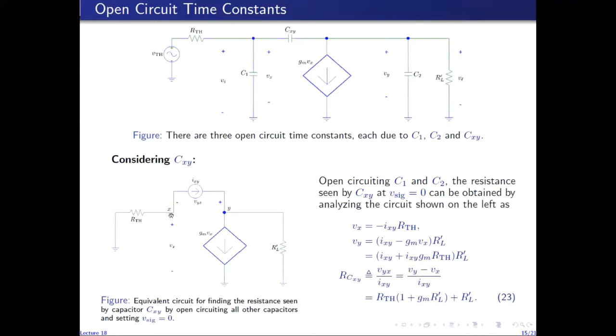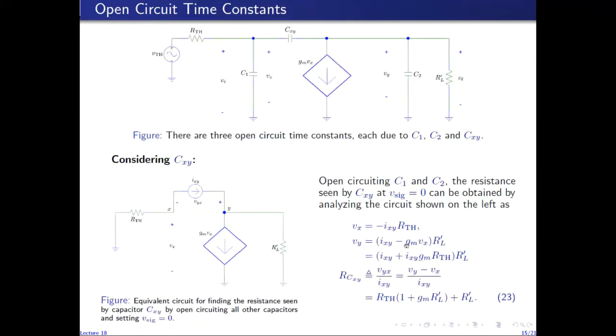So we note that Vx is given by minus. So Ixy flows from left to right, and minus Ixy flows from right to left through R7N. So minus Ixy times R7N is equal to the voltage at this node with respect to ground, which is Vx. Similarly, Vy is Ixy minus GMVx. So Ixy minus GMVx is the current going through RL prime. So that current times RL prime gives us the voltage at this node.